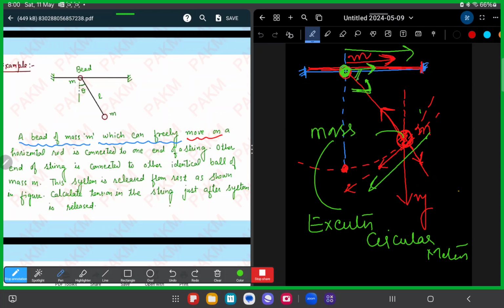Let's say this is theta, this is 90 minus theta. So this horizontal force starts acting to make the bead move forward. So if we observe with respect to this bead, we have to take the pseudo force on the ball. This way we can make it static and analyze. Fine. So this is the basic observation.